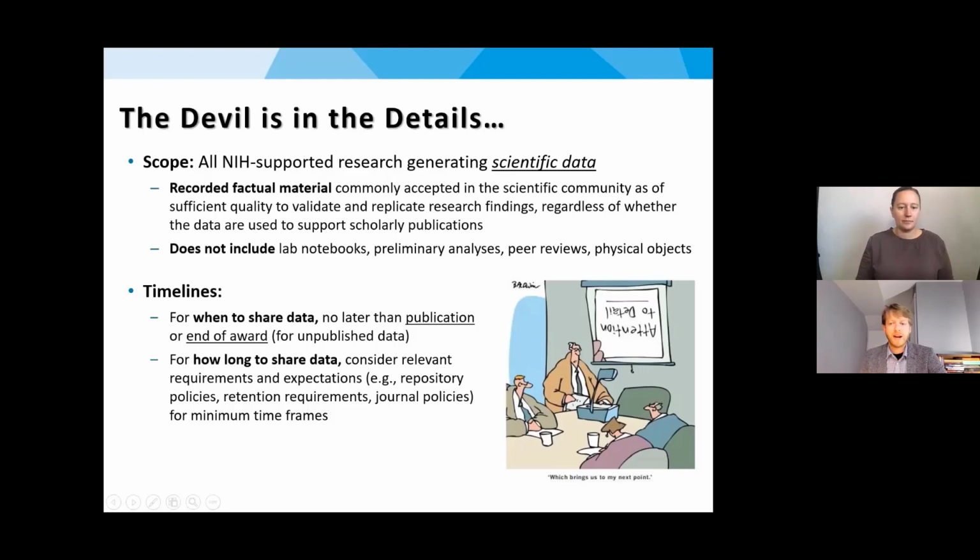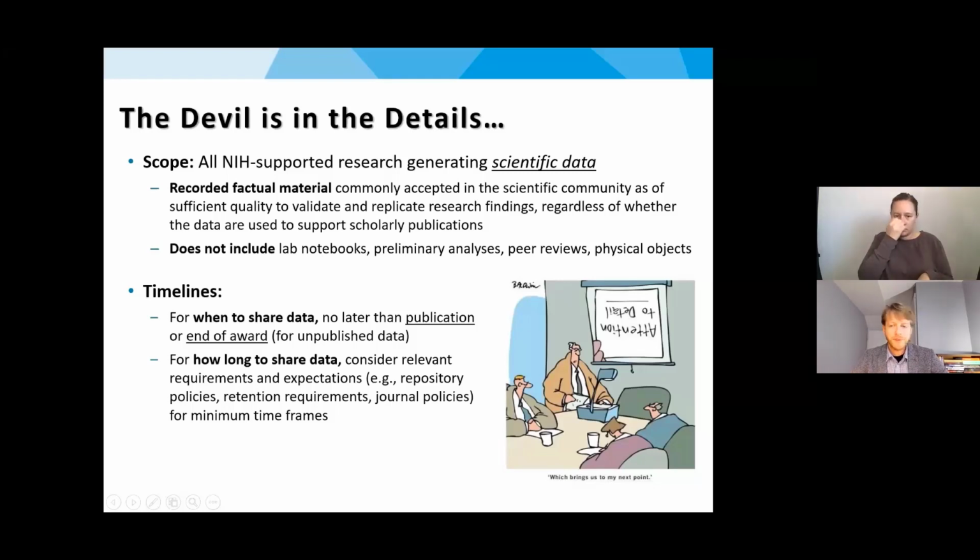In terms of timelines, the policy expects that data should be made available no later than the time of publication or by the end of the award for unpublished data, whichever comes first. And in terms of how long data should be made available for, the policy doesn't provide a specific timeline, but it does ask applicants to consider requirements that they may be subject to from other sources as a minimum time frame for making data available.